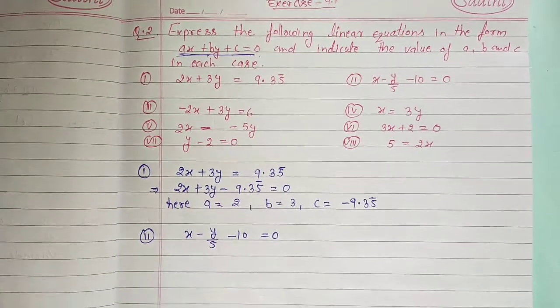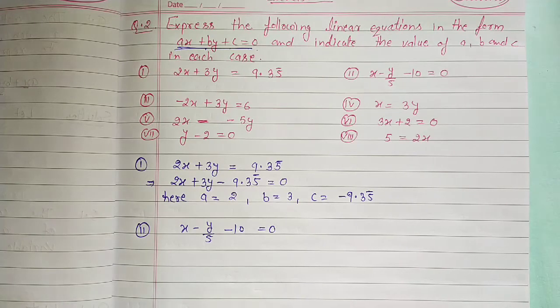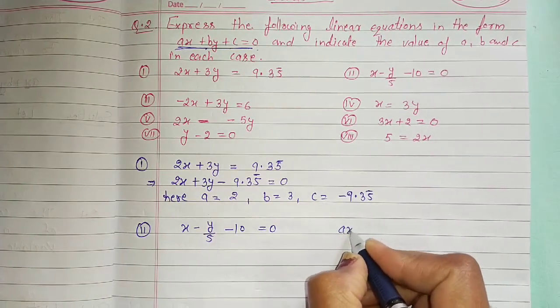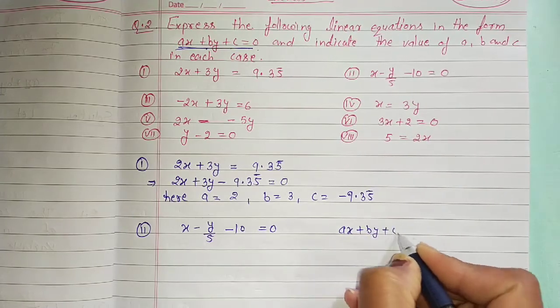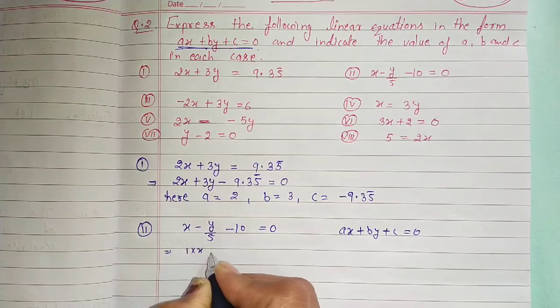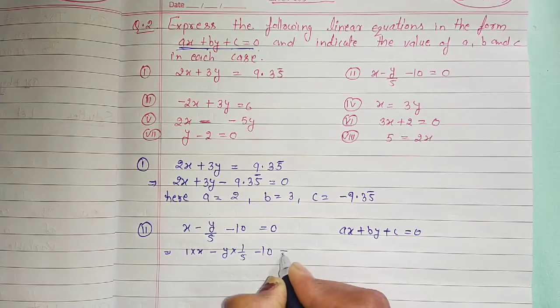Now, the second question is x minus y upon 5 minus 10 equal to 0. First, we write this linear equation in standard form, and we know that the standard form is ax plus by plus c equal to 0. We write this equation as 1 multiply x minus y multiply 1 upon 5 minus 10 equal to 0.